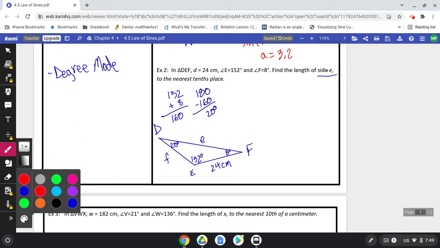Now at this point, we can solve. So we know that it's the sine of 20 divided by 24 will equal the sine of, now on this one, we are trying to find what e is. So which angle is across from e? That is 152 here. So at this point now, we will cross multiply.